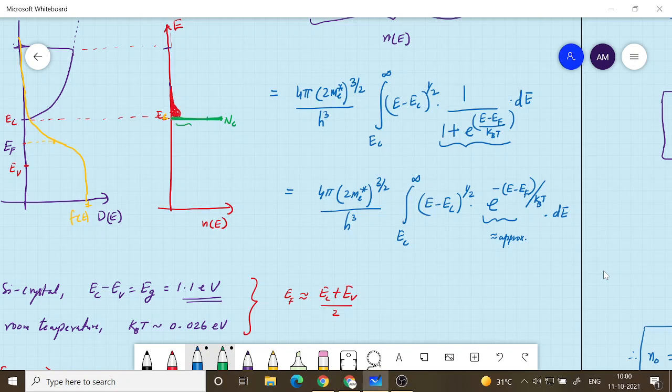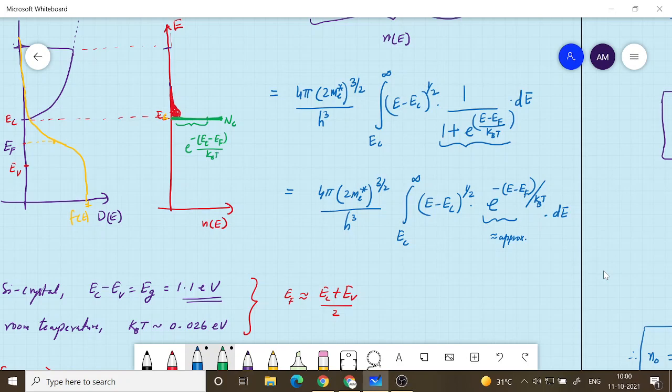Say this much is getting occupied. So this much is the effective density of states at a particular energy E equal to EC, out of which a fraction is getting occupied, and that fraction is determined by e raised to minus EC minus EF by kBT. That is what we are saying.